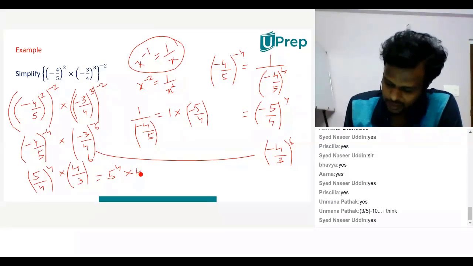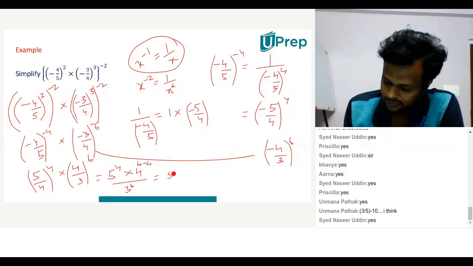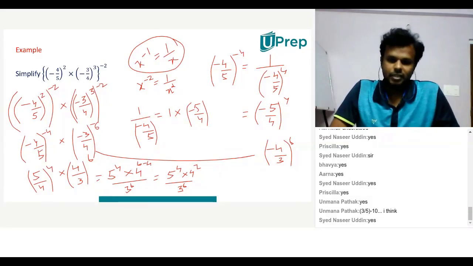That means 4 to the power 6 minus 4, divided by 3 power 6. So this becomes 5 power 4 into 4 square by 3 power 6. Children, this is what we have here.